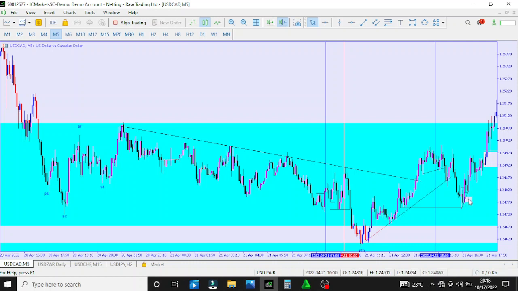You see this 1 minute 2 pip stop loss order block. This order block holds that high time frame bullish bias. Everything points bullish, and M1 holds that entire bullish perspective.